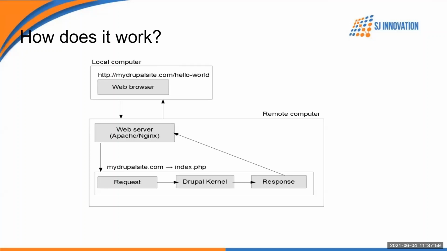It can be JSON, it can be just plain text, it could be XML. So based on the header, that information is sent to the web server and then it is finally sent to your web browser. Okay, so this is the basic process that takes place in a web application. So it's true not only for Drupal, but it's true for other web applications also.